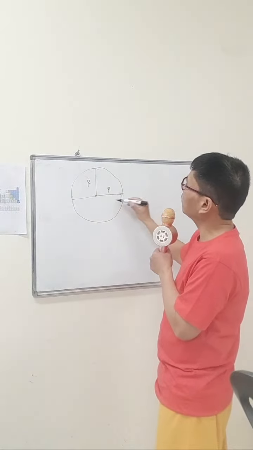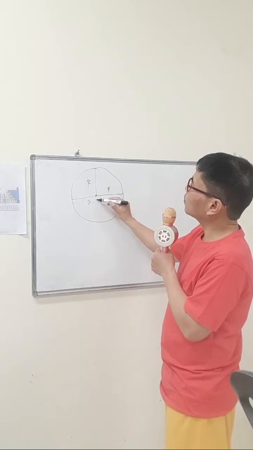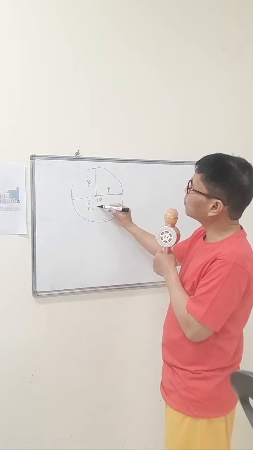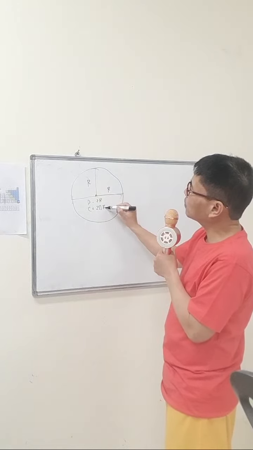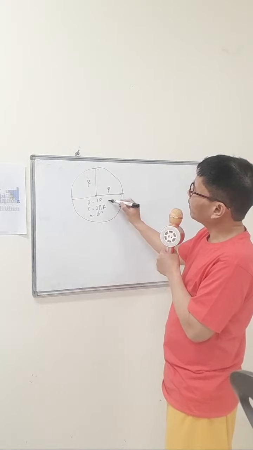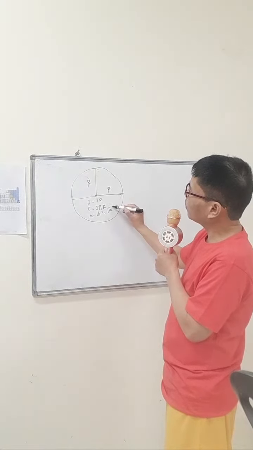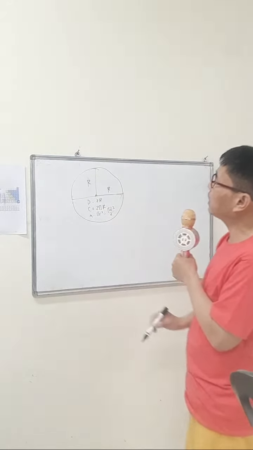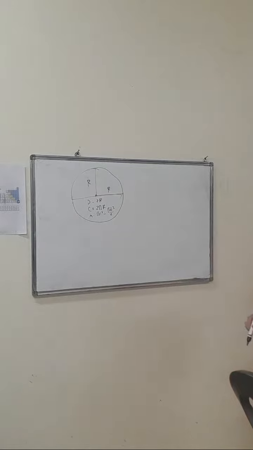So diameter is equal to 2 times radius. And our circumference will be 2 pi times radius. And our area will be equal to pi r squared, and also pi d squared over 4. So these are the geometrical calculations of a circle, right?